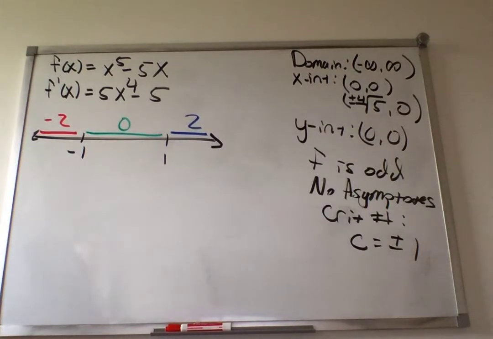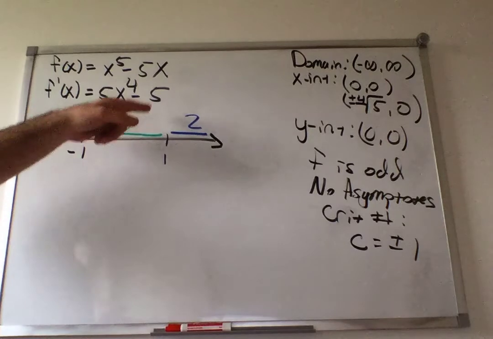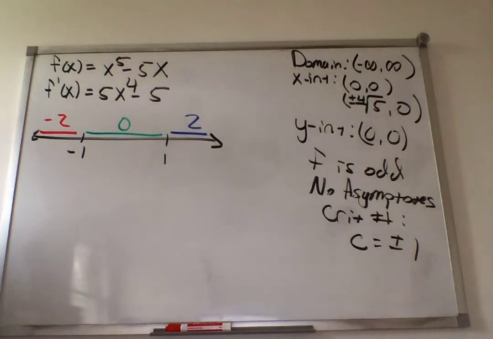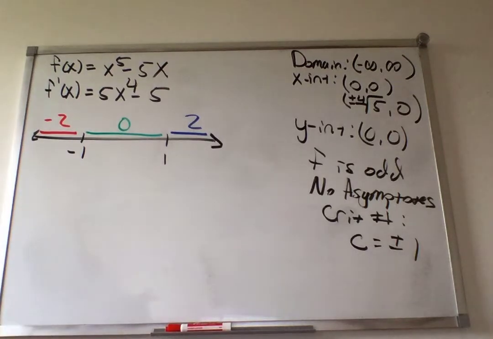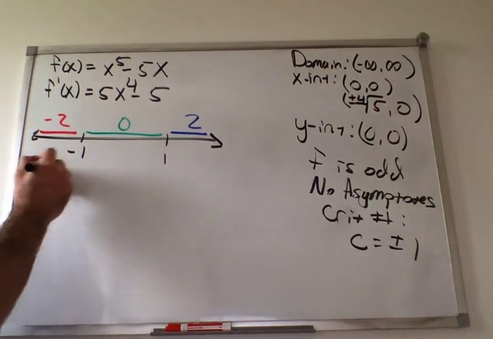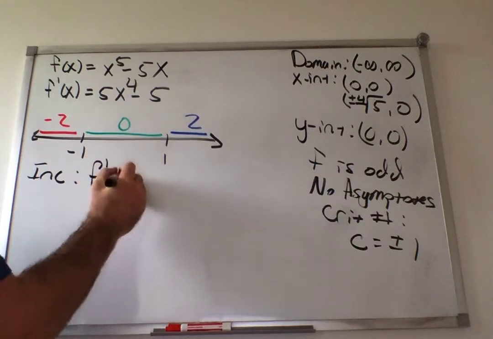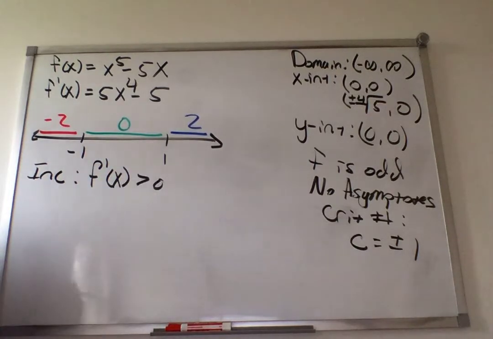So now what you do is you plug your test values into the derivative and see whether they're greater than 0 or less than 0, depending whether or not you're finding intervals of increase or decrease. Let's say we're finding the increasing intervals. So that's f prime of x is greater than 0.